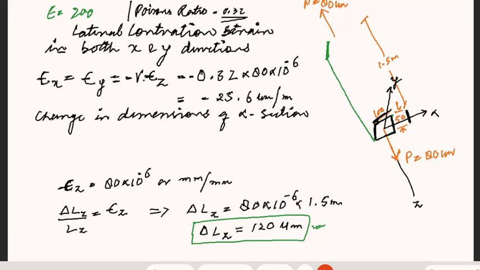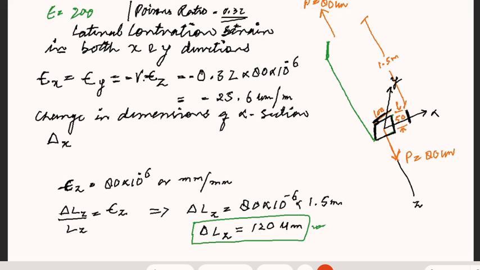I'm not writing L because here it will be B and D, the cross sectional dimensions. I'll simply write change in x direction.